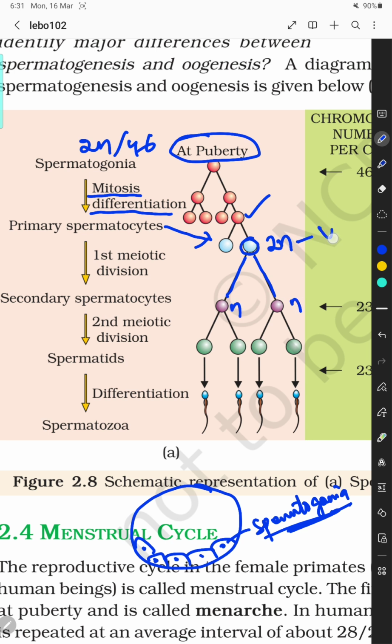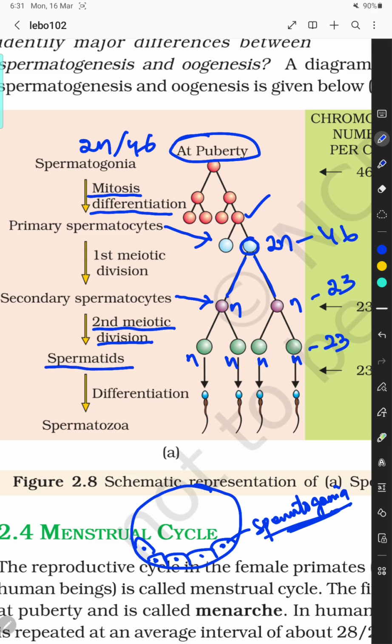If it is 46, then each of these will have 23 chromosomes, and these cells are known as secondary spermatocytes. Now the secondary spermatocyte undergoes the second meiotic division, and they form 4 cells. All of them are haploid, having 23 chromosomes, and they are known as spermatids.